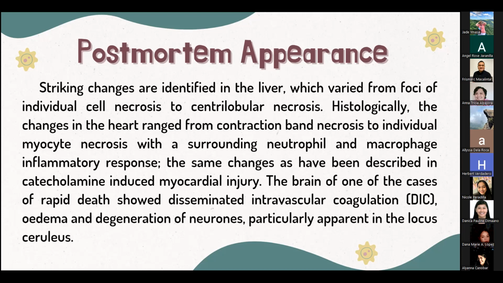The same changes as have been described in catecholamine-induced myocardial injury. The brain of one of the cases of rapid death showed disseminated intravascular coagulation, or DIC, edema, and degeneration of neurons, particularly apparent in the locus coeruleus.